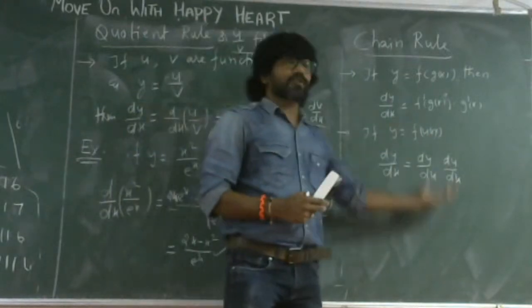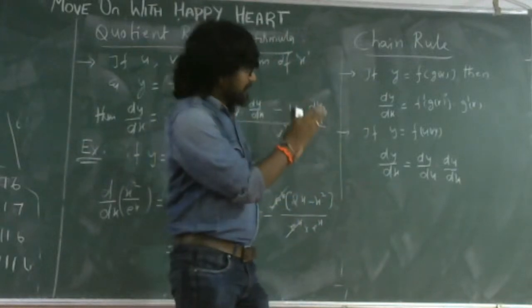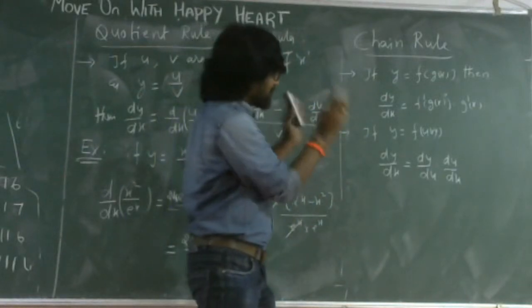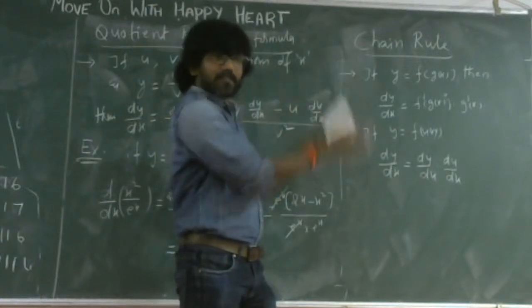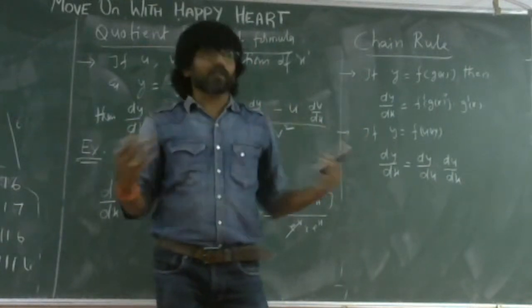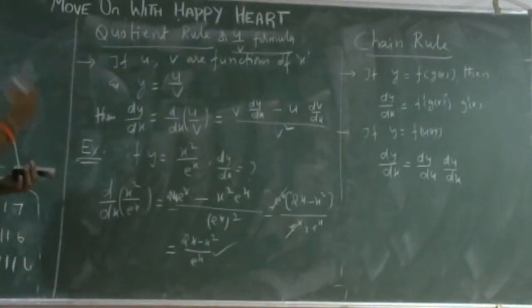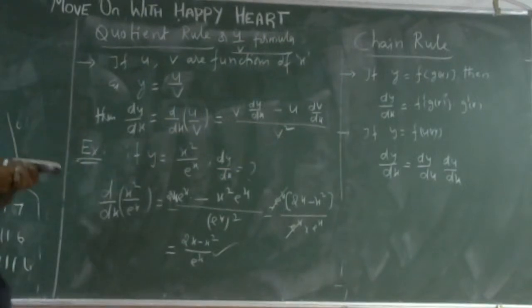This you can call the chain rule. As I said, the expression looks a bit different, but while doing examples it will feel easier. So how can we apply this while doing examples or questions? Let us see a few examples.